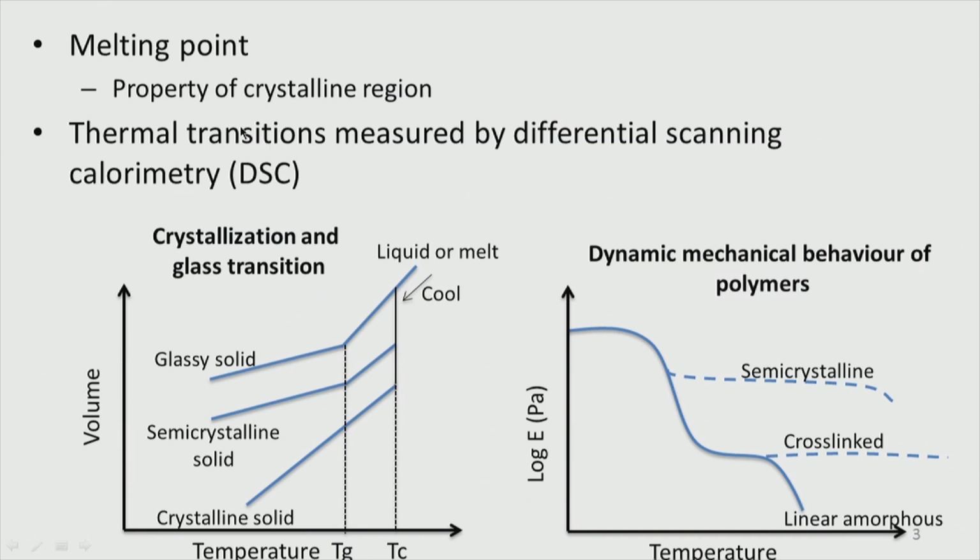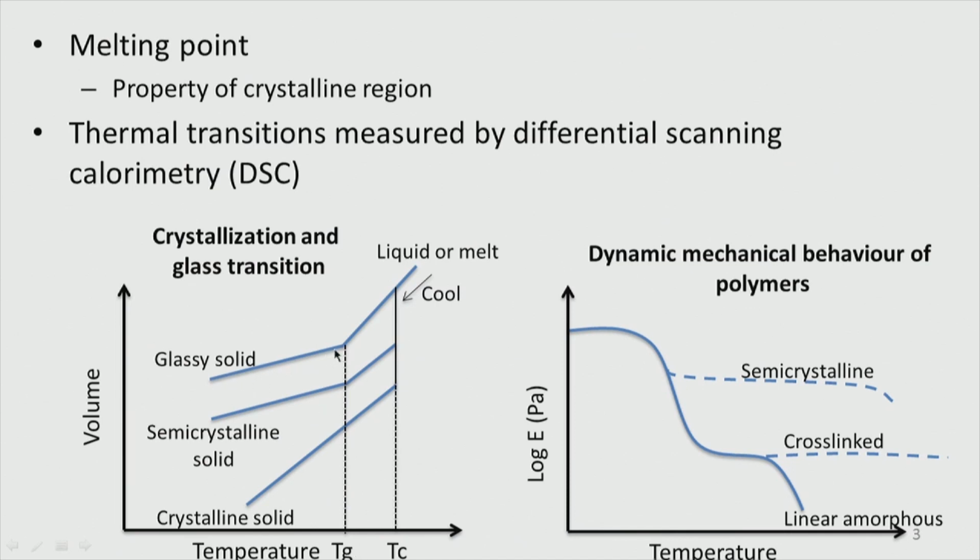So, what is so important about this temperature? The temperature determines the volume of the polymer, the dynamic mechanical properties of the polymer, and so on. For example, for a crystalline solid, as the temperature increases, it occupies more volume. For a semi-crystalline solid, you will see this is called the Tg.